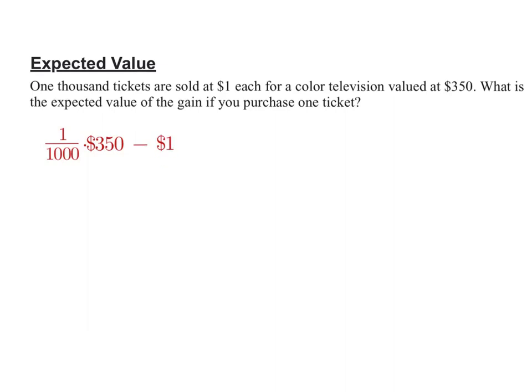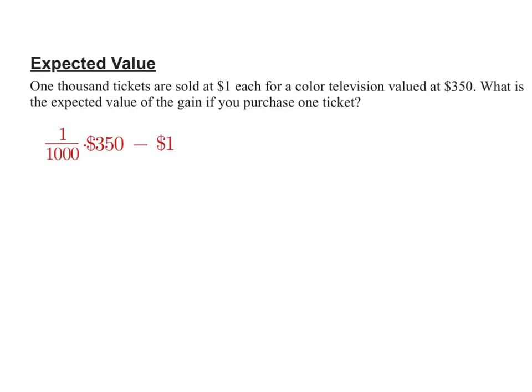Now, if there's 1,000 tickets and I buy one of them, do we think we're going to win? No. The probability is very low of winning, which means we technically should lose our investment. So our expected value, if you lose, we expect that to be negative.